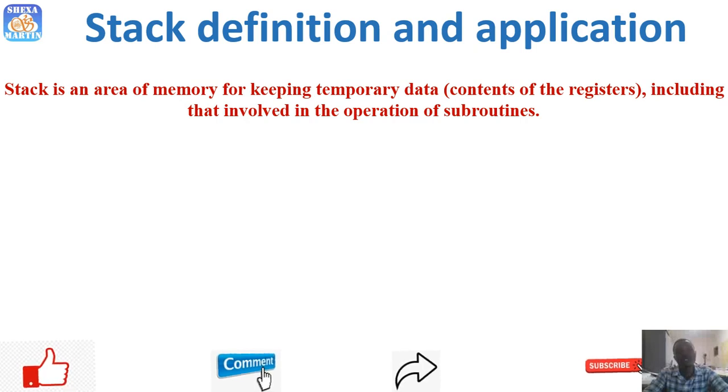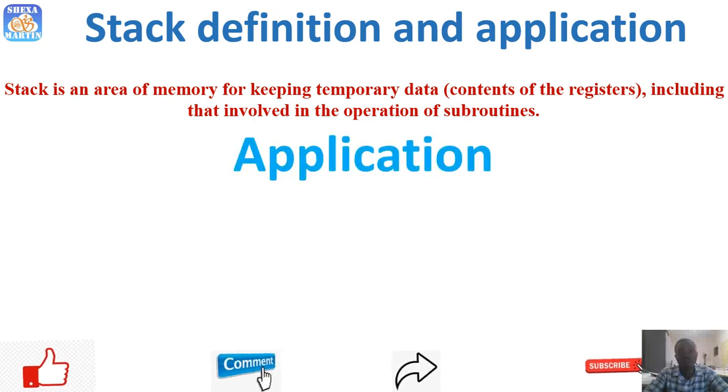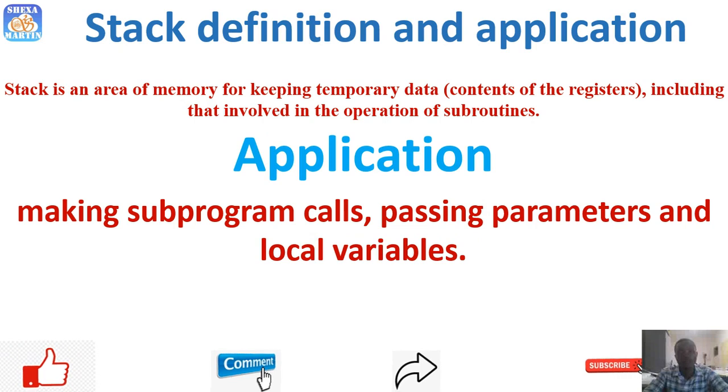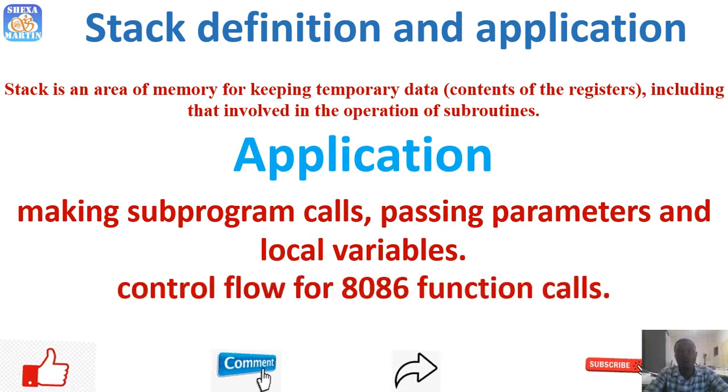It's an area called stack inside the memory, and it's used for making subroutine calls, passing parameters and local variables. Stack is also used to control flow for x86 function calls. Like I think we've talked about this in one of the previous lectures, when we talked about procedures.